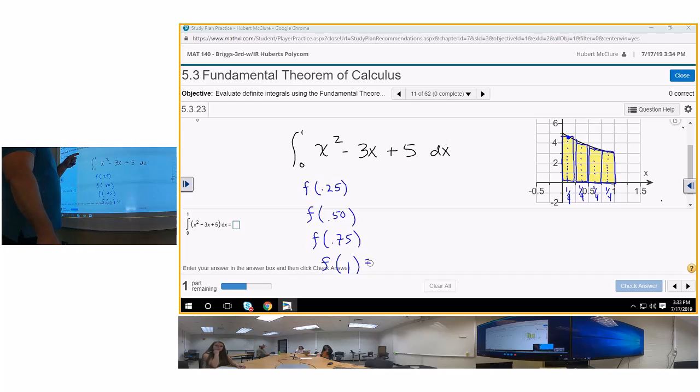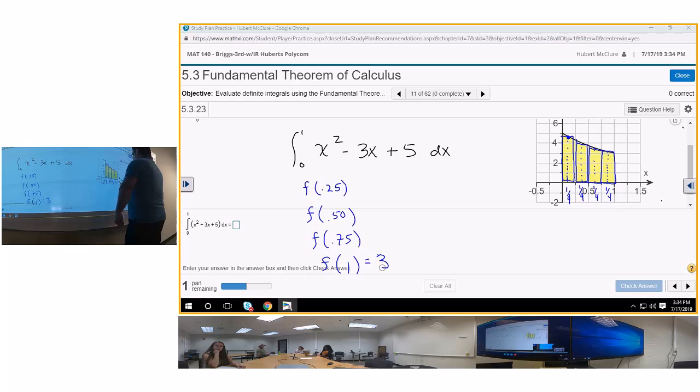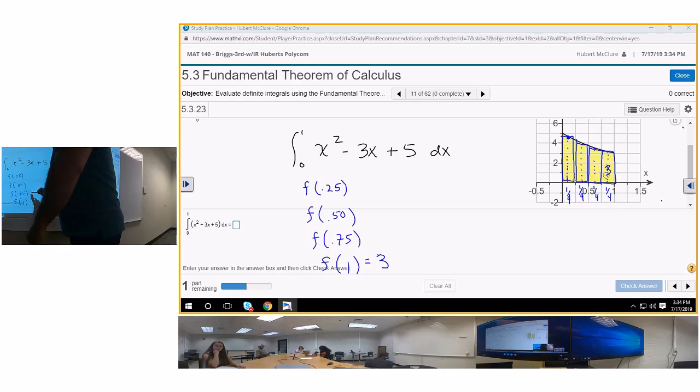That'd be 1 minus 3 is negative 2, plus 5 is 3. I think that's right, isn't it? So that's 3. Okay, so the height of this one is 3. How many squares are in that yellow region right there? 3. Okay? What is 0.75 in the formula?